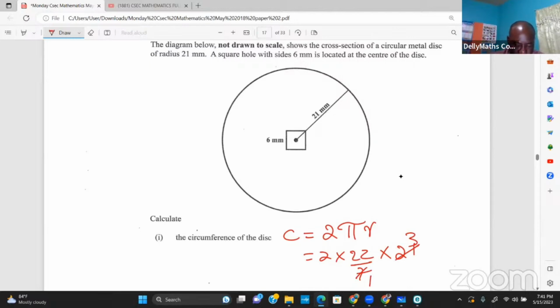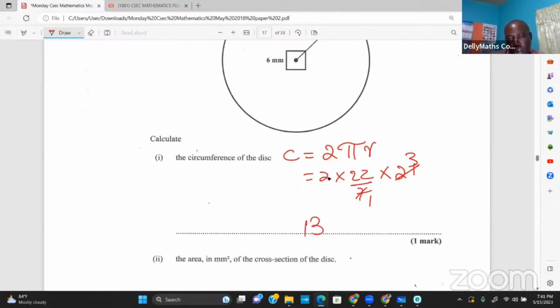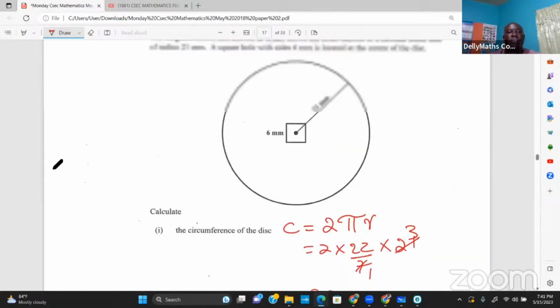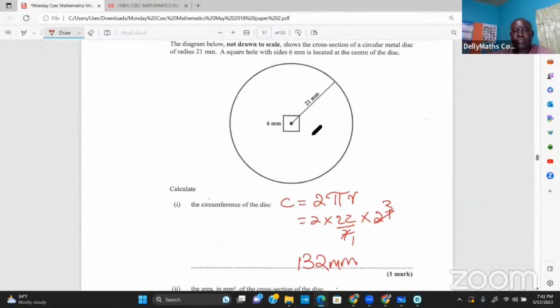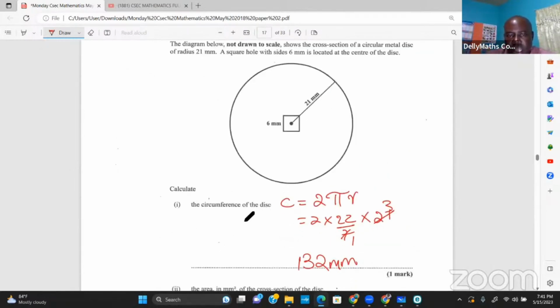I'm getting about 132. So the circumference is 132 millimeters. So we're doing the regular circle thing now. Regular circle, circumference, 2 pi r. So that's the circumference, which is the distance along the boundary.